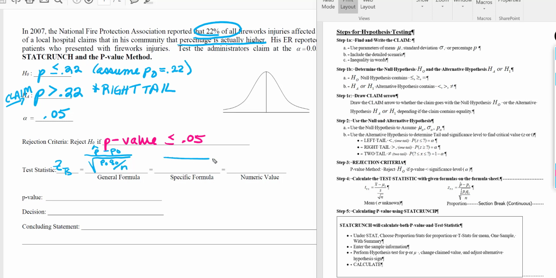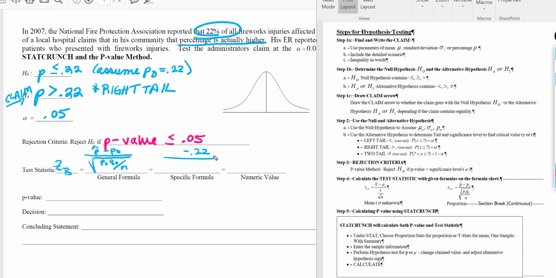Substituting in those values, we know p sub 0 is 0.22, so it's minus 0.22. Q sub 0 is 1 minus 0.22.